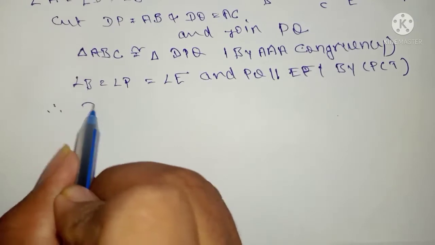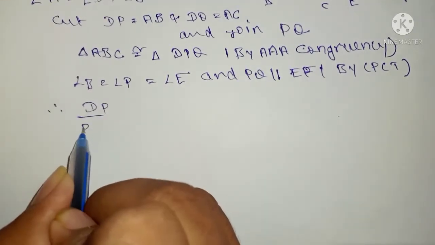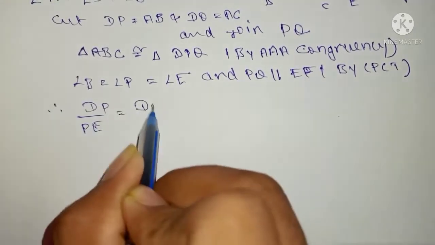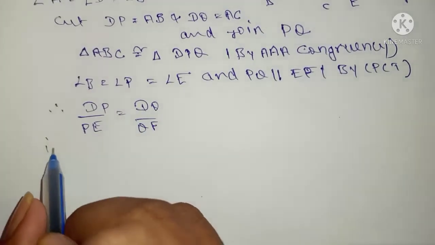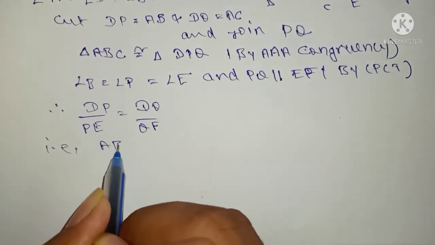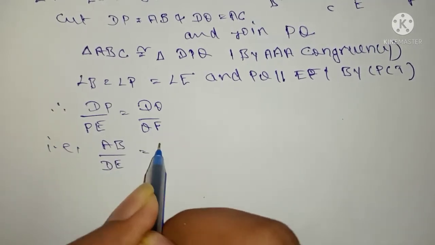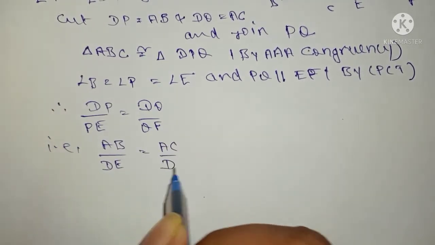Therefore from this we can say that DP by PE will be equal to DQ by QF, and that is AB by DE equal to AC by DF.